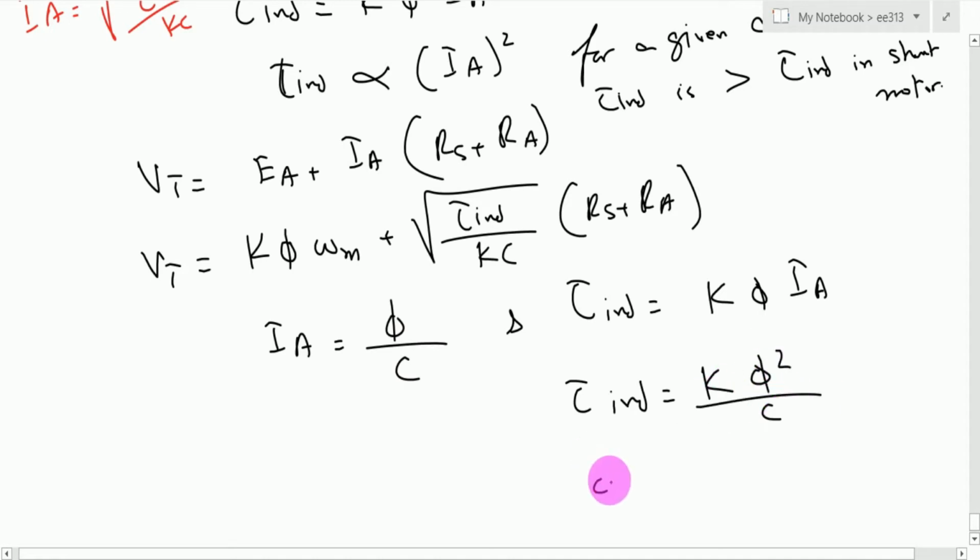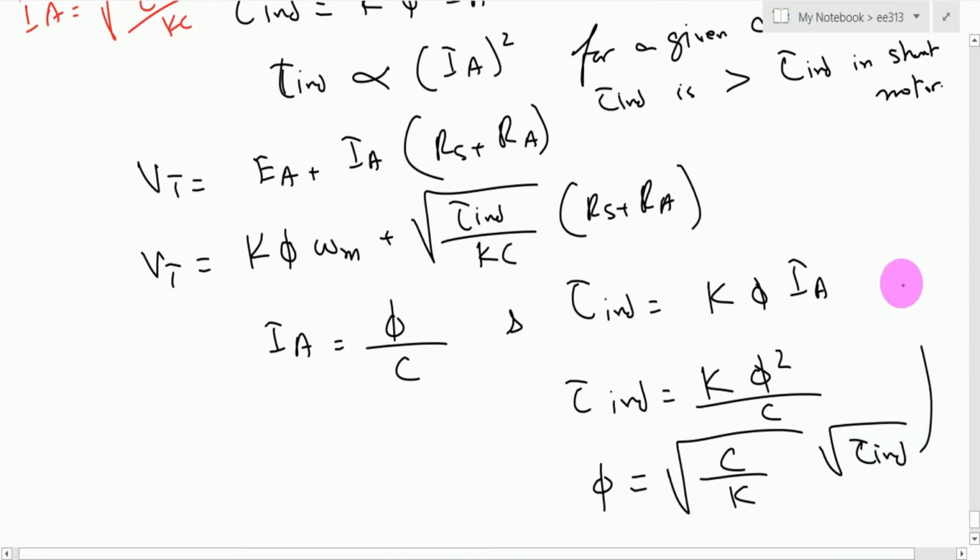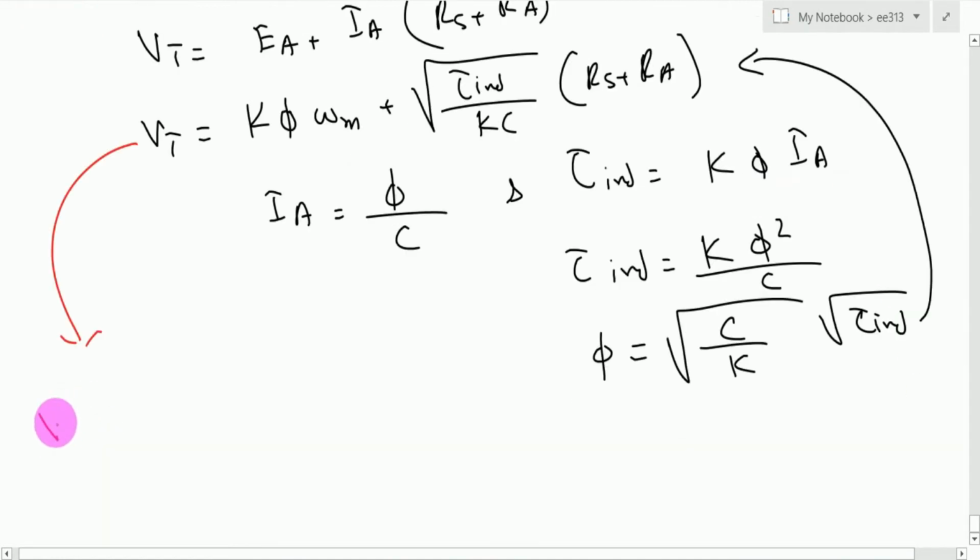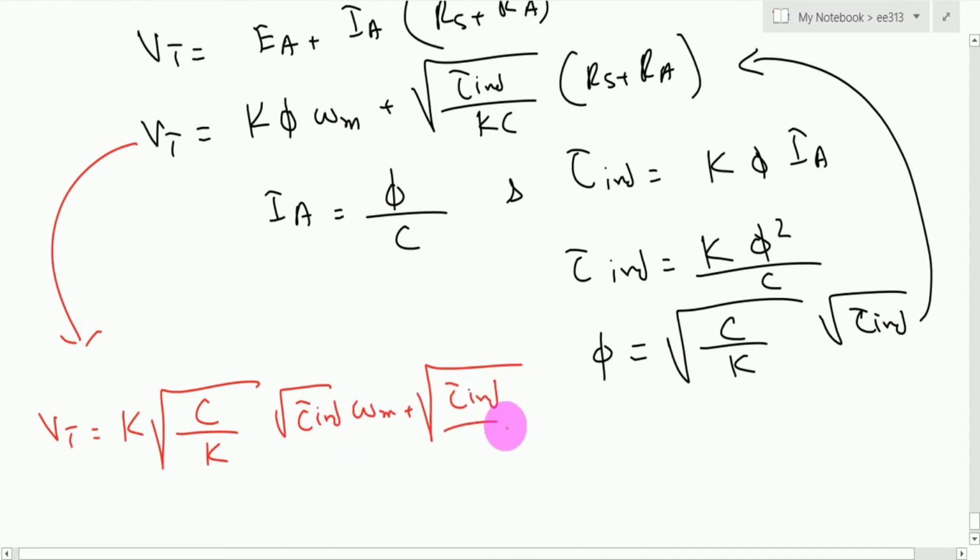So what is this phi? Phi becomes equal to C over K into the torque induced. If I substitute this in here, then Vt is equal to K times the square root of C over K into the torque induced omega m, plus torque induced over Kc into Rs plus Ra, right?